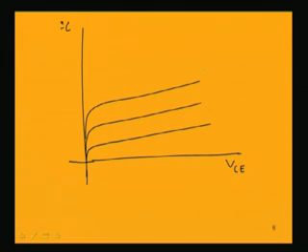When you consider the collector to emitter output characteristic, then as you go on increasing the collector to emitter voltage, which is reverse biasing the collector to emitter junction, this diode is reverse biased.